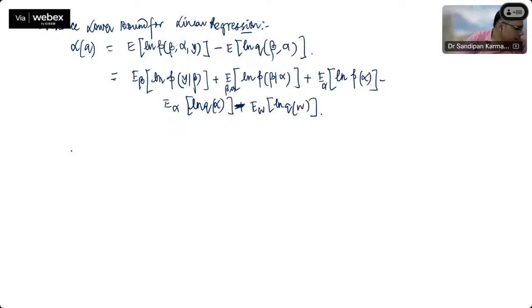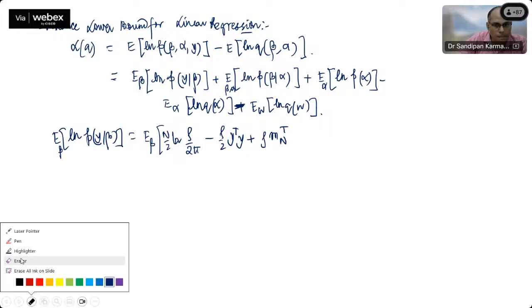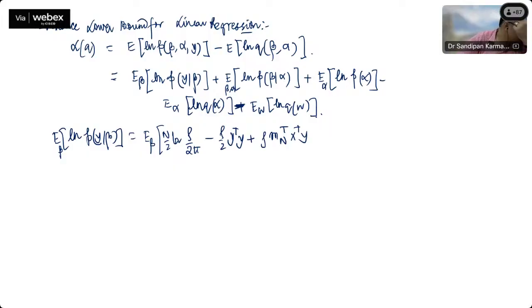Next is E of ln P y given beta with respect to beta, which will be E of beta, n by 2 ln rho by 2 pi, then minus rho by 2, then y transpose y plus rho, then mu n transpose mu n, then x transpose y, and then minus rho by 2 trace of x transpose x times mu n transpose mu n plus Sn.